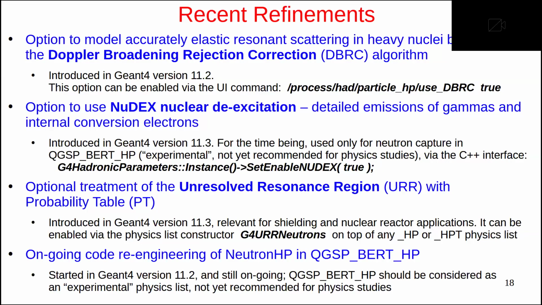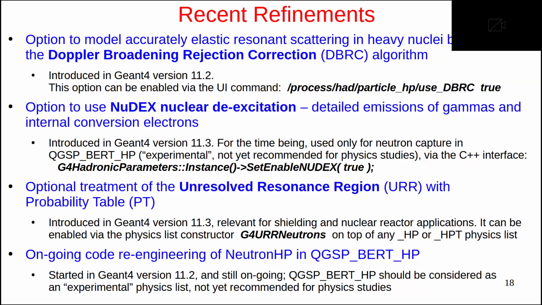If you want to use this option, which is not the default, you need to use a physics list constructor, G4 URR neutrons, on top of any HP or HPT physics list. Thanks to all these changes, the physics of Geant4 for neutronics is now considered more on par with codes which are specialized in neutronics, like MCNP or Tripoli.